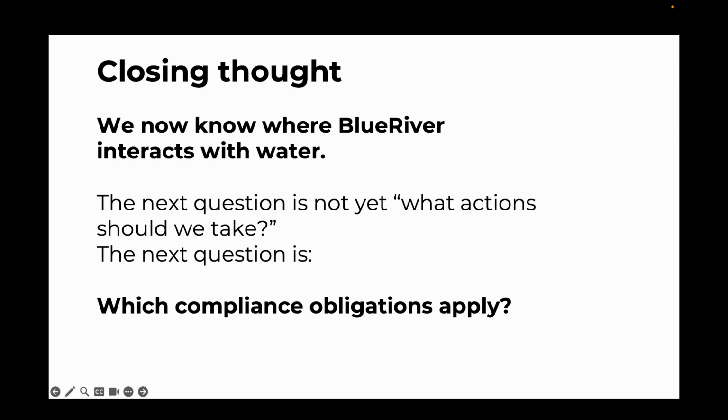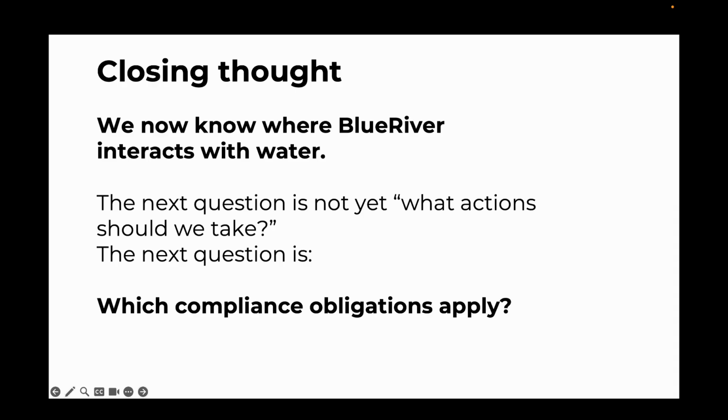But this is not yet the moment to jump directly into action plans. So, before deciding what to control, improve, monitor, or change, BlueRiver needs to understand its compliance obligations. So, which legal requirements apply? Which permits set limits? Which customer, corporate, contractual, or authority requirements must be considered?